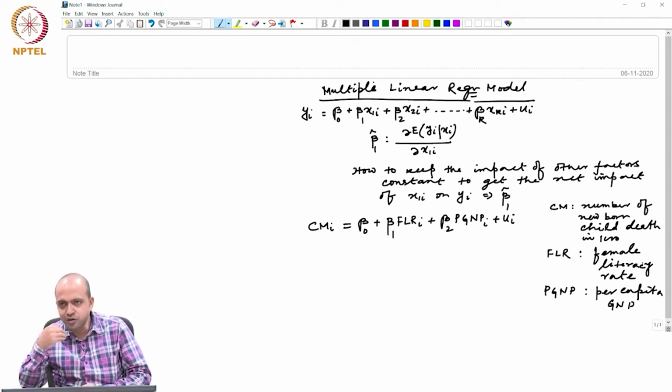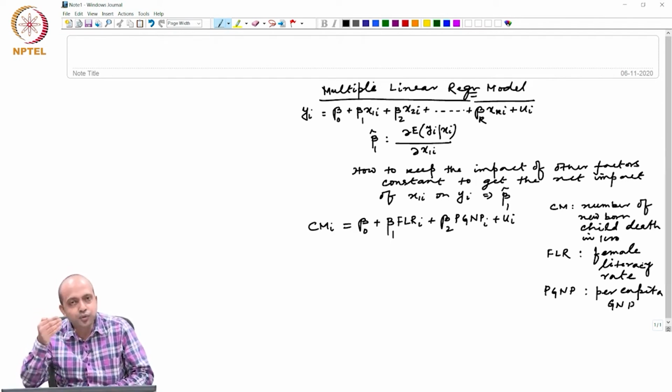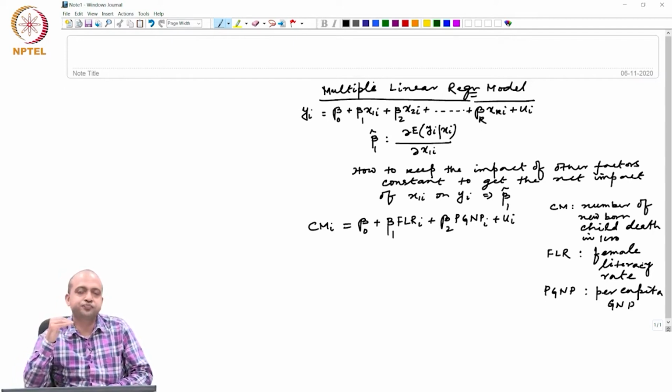So, the care you take during pregnancy and after delivery will basically determine the mortality rate. If proper care is given, then the mortality rate will come down, and we believe that as mothers become more literate, they become more aware of these things, they take proper care of their child, and as a result the child mortality rate comes down.